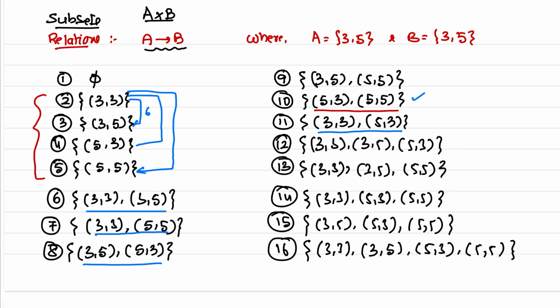What will we do? This will be 3, 3, this one, and 5, 3. And we will make it 3, 5, 5, 3 here.